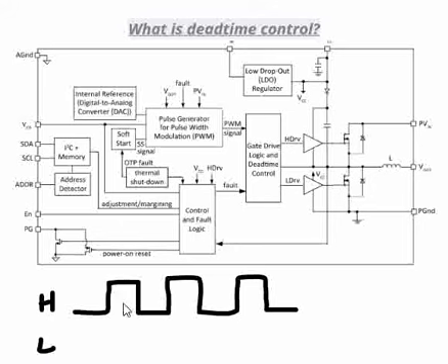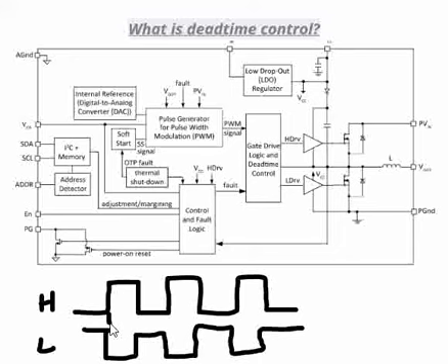We are assuming 50% duty cycle here for now, and when the high side is turned on, the low side should be turned off, right? So it must have the waveform inverted of this, right? Simple to understand, right?